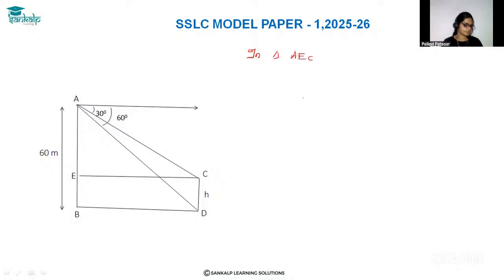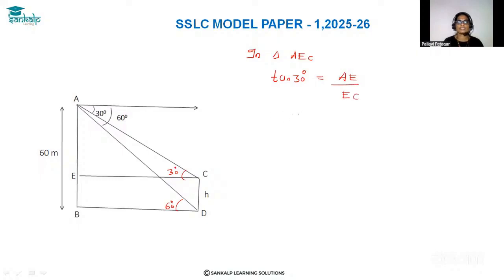Now in triangle AEC, tan 30 degree is equal to opposite side by adjacent side, AE divided by EC.